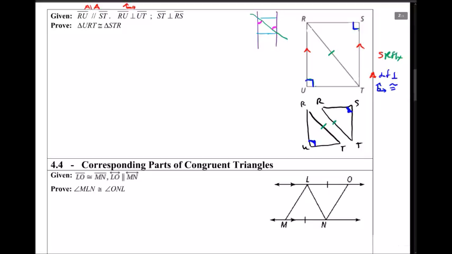Are those in our triangles and alternate interior angles? Yes, they are. So let's find them here and here on our diagram. So let's mark down here those angles right there. So I'm going to get another angle, and that's going to be using my alternate interior angles theorem.